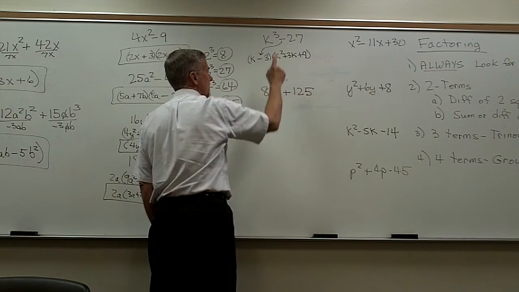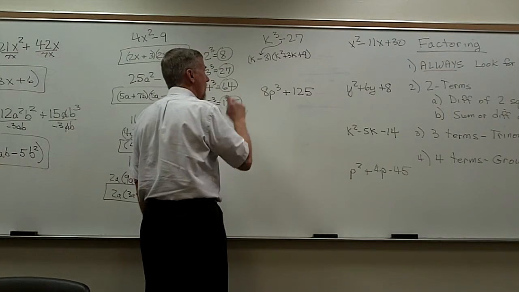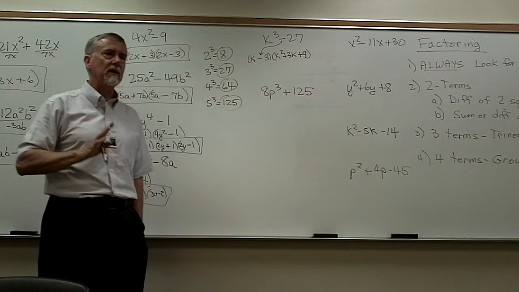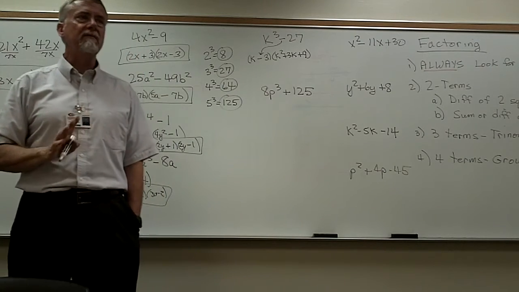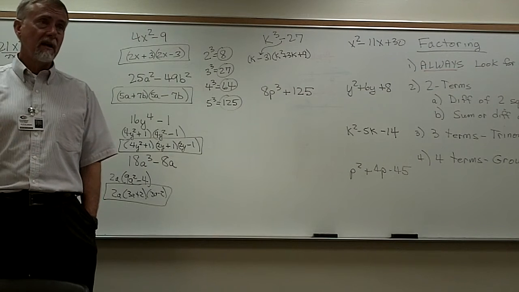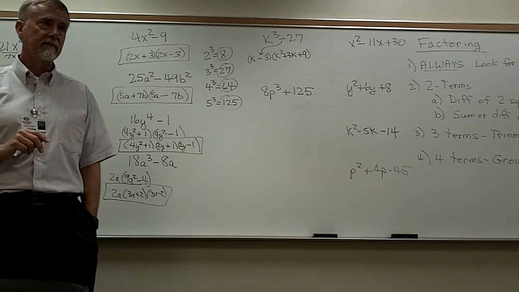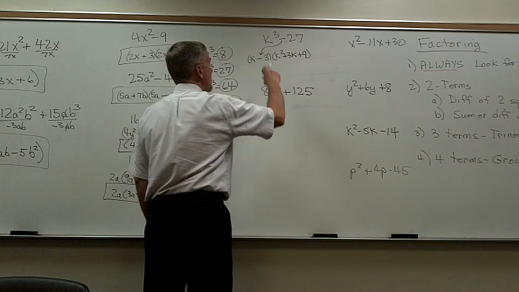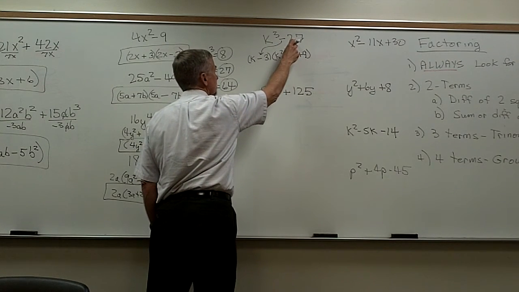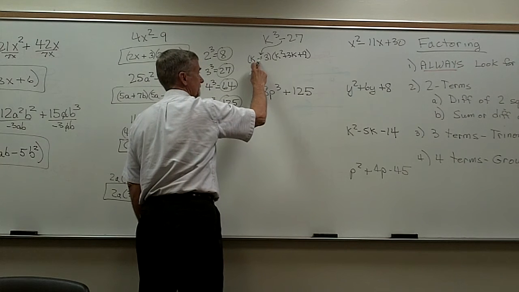Every time you have a difference or sum of 2 cubes, it will always break down into a binomial times a trinomial. It is the most specific pattern of all the factoring types you've got. Always, without fail, a binomial times a trinomial. The binomial always comes directly from your cube roots of your 2 terms with the same sign.